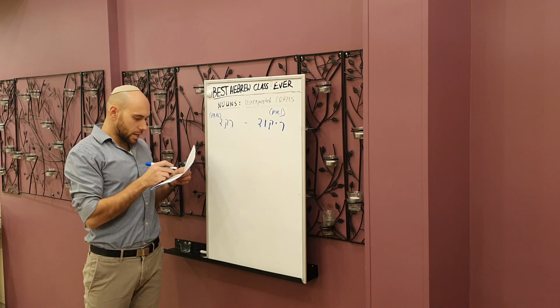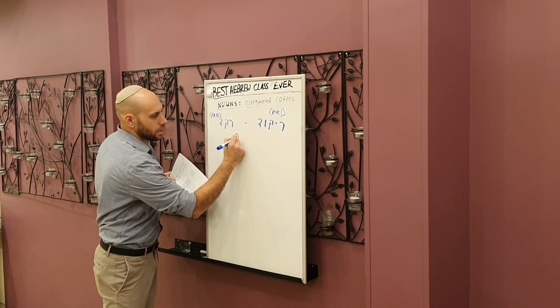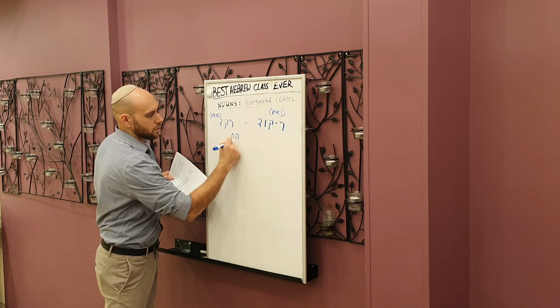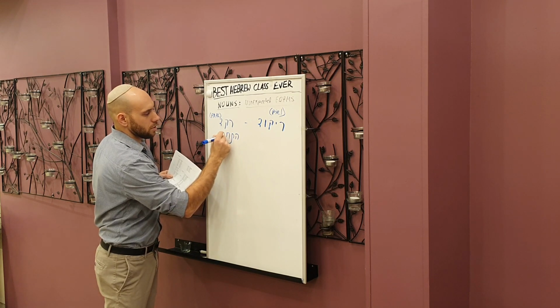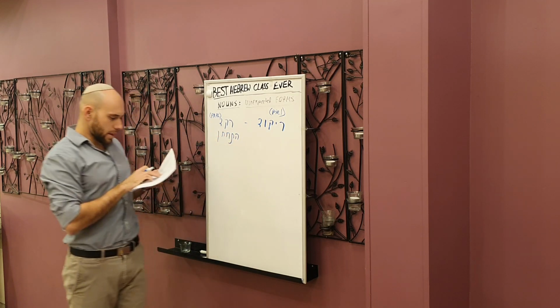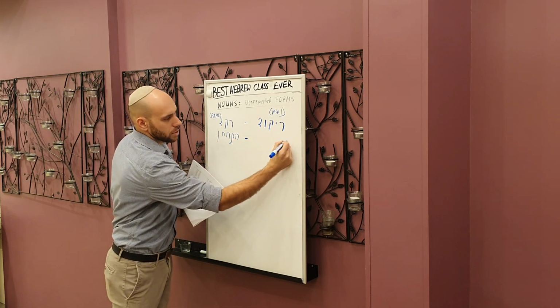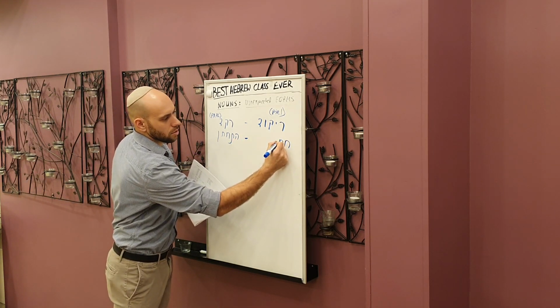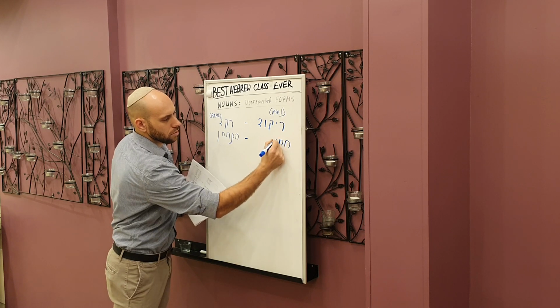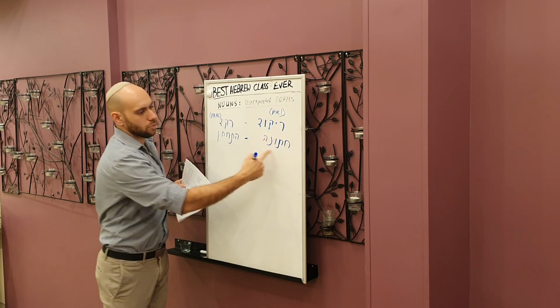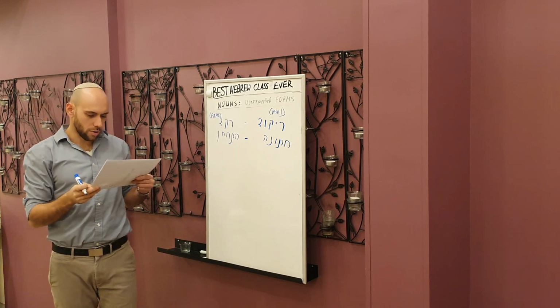We've got itchaten, got married. The noun form is chatunah, which is a different form, not even one that we've seen.